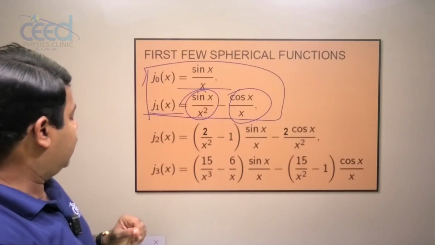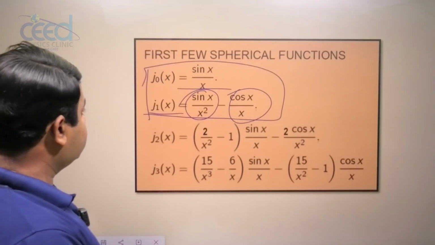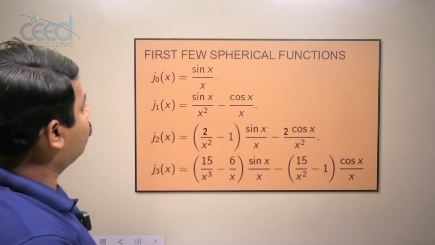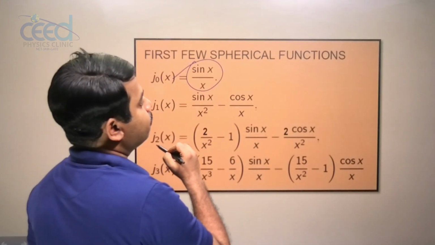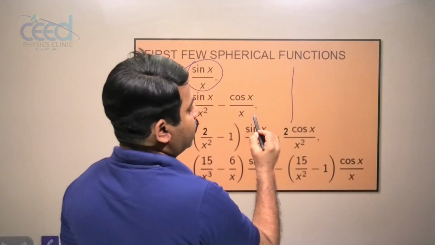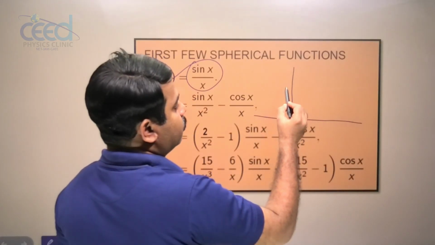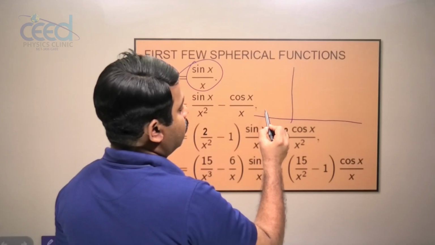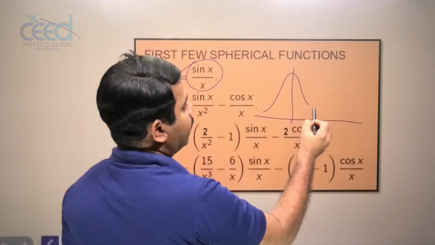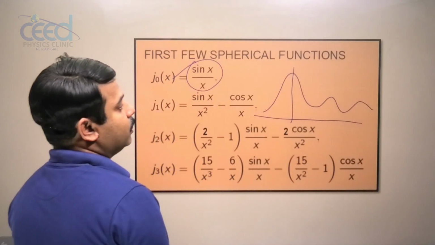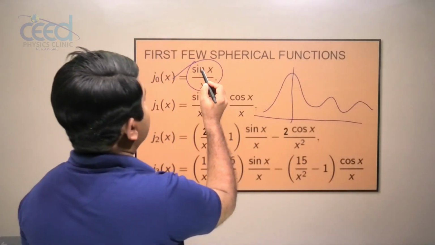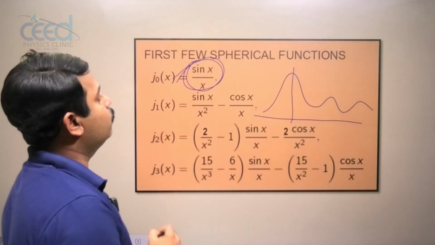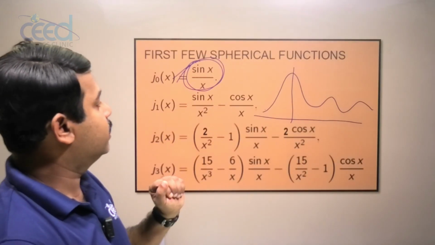Now see, this sin x by x we already saw. What is sin x by x? In the optics part we studied diffraction, the intensity of diffraction, like this. So this curve, the graph, is that intensity is proportional to the sin x by x term.